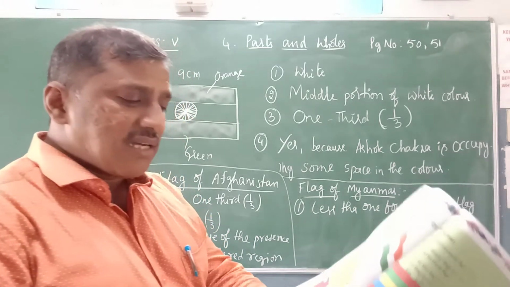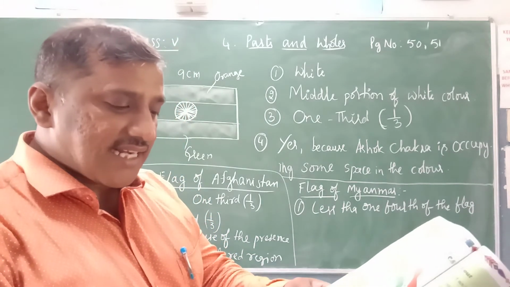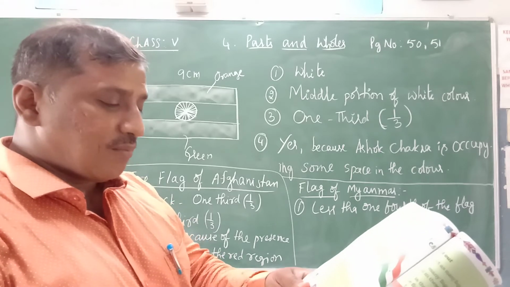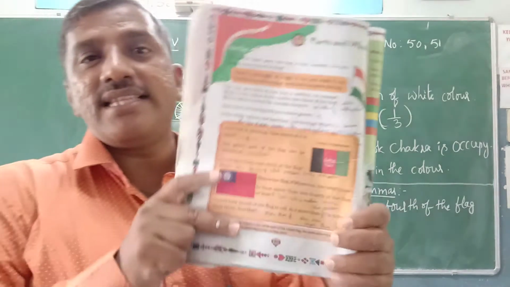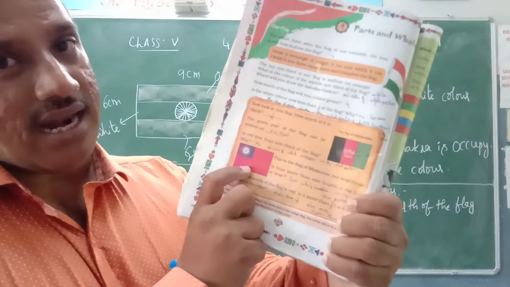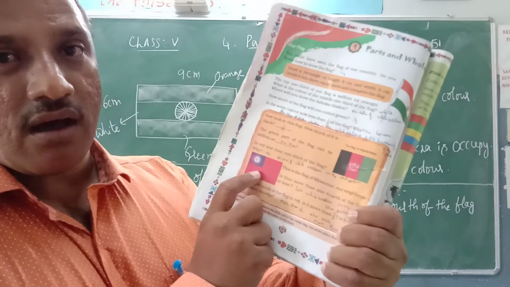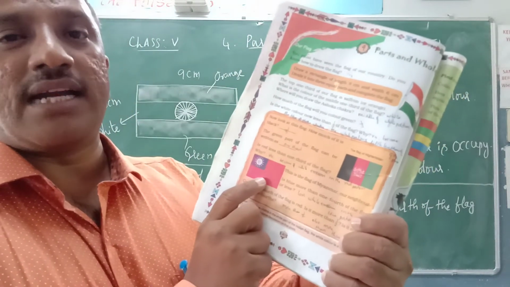Guess how much of the flag is red. Is it more than half? Is it more than 3/4? Guess the size of the red color. Yes, it is more than half, and it is also more than 3/4.